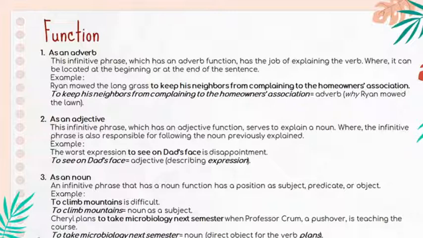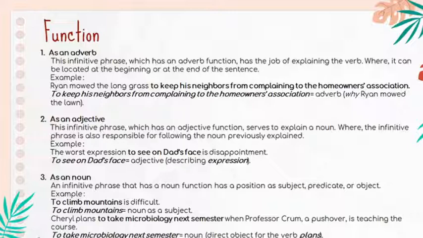For example, Rian mowed the long grass to keep his neighbors from complaining to the homeowners association. To keep his neighbors from complaining to the homeowners association explains the verb. So why did Rian mow the lawn.